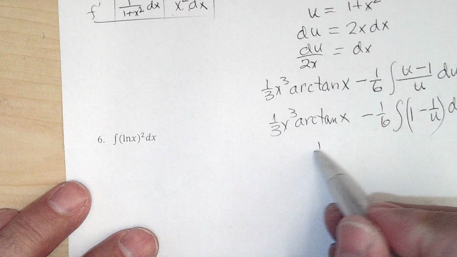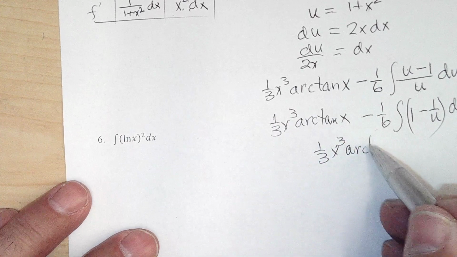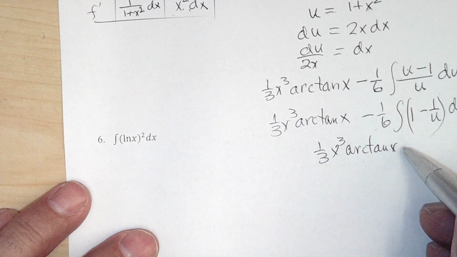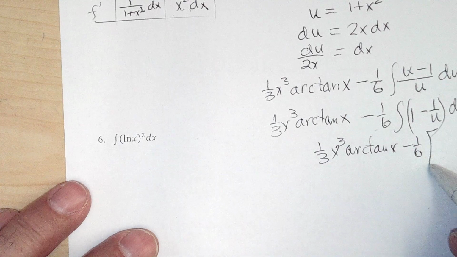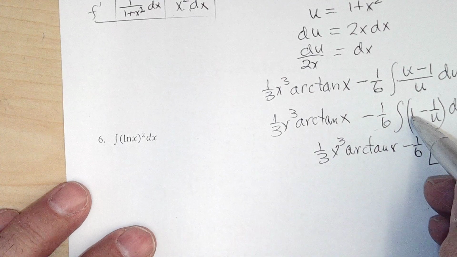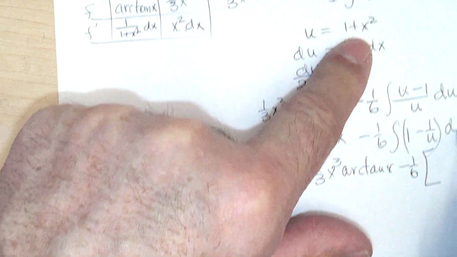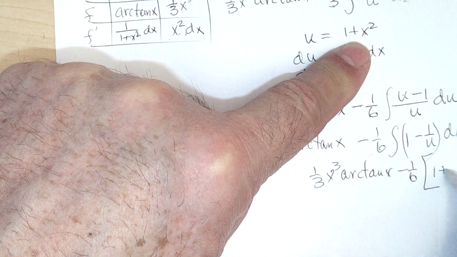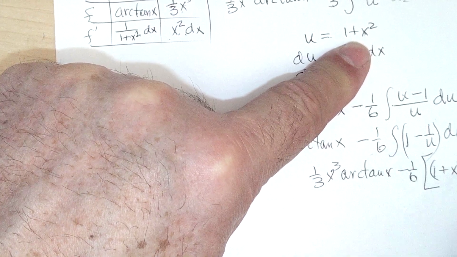So this becomes 1/3 x to the third arctangent x minus 1/6 integral of 1 will be u, and u was 1 plus x squared. That's the integral of the 1.